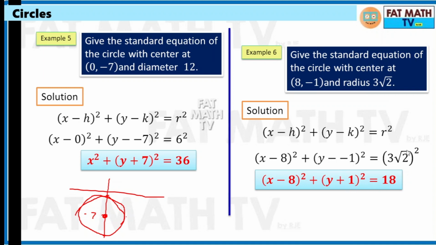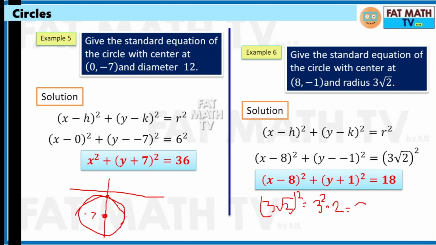And (3√2)² is 3√2 times 3√2. That will give you 9√4, or 9 times 2. That is 18. Or you can just square both of them. Applying the laws of exponents, you can have 3² times the square of the square root of 2, which is 2.